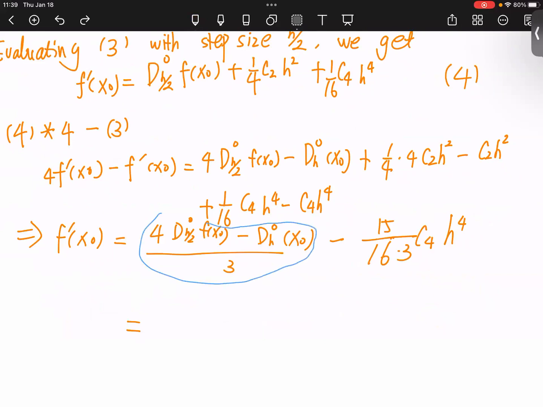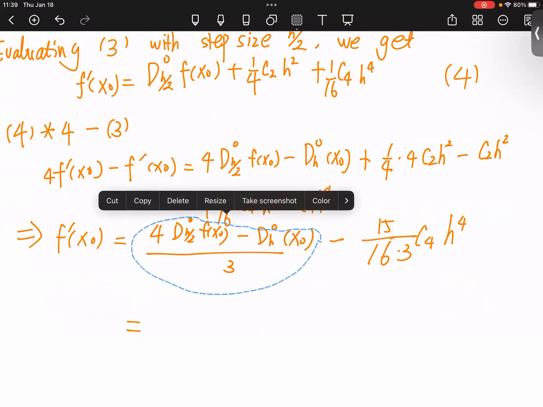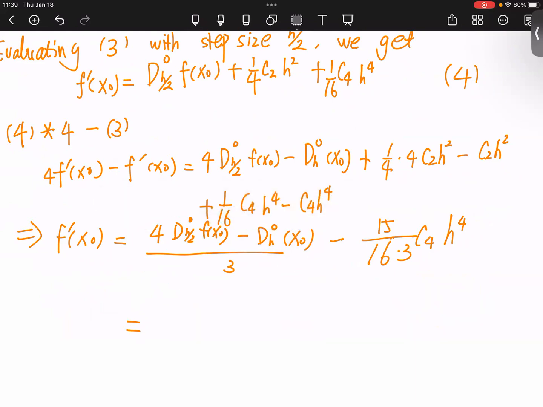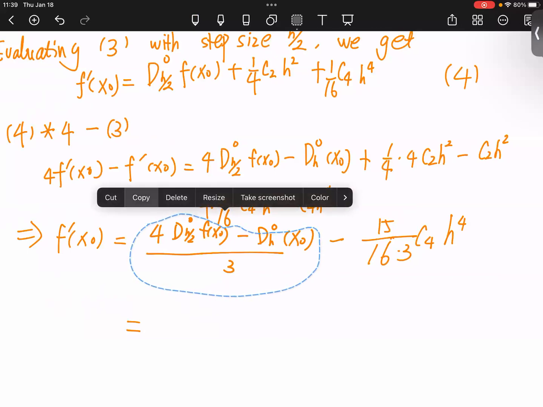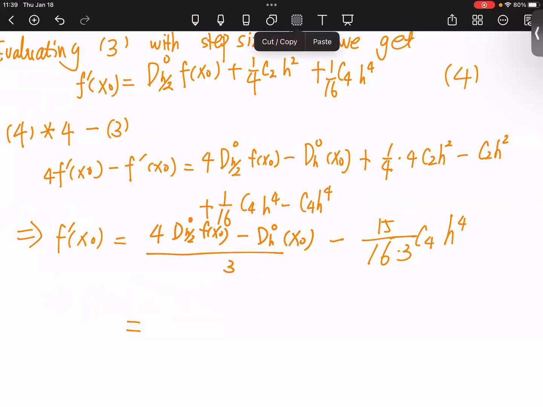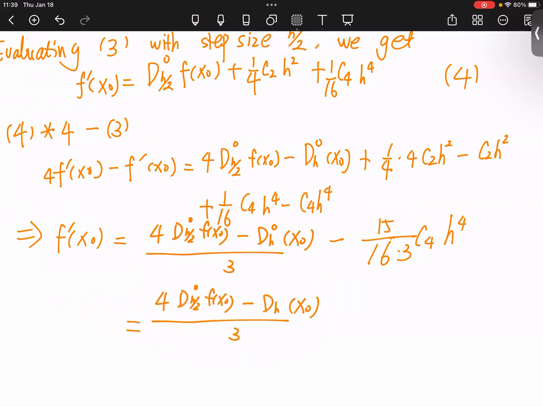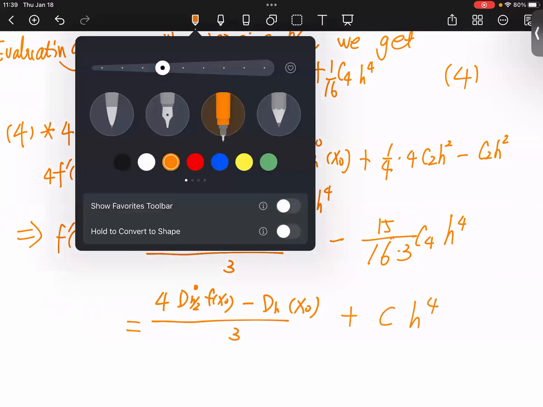You don't need to be very specific about the constants in front of that error. Okay, this is the formula, and we are going to replace all the constants here with just a C.